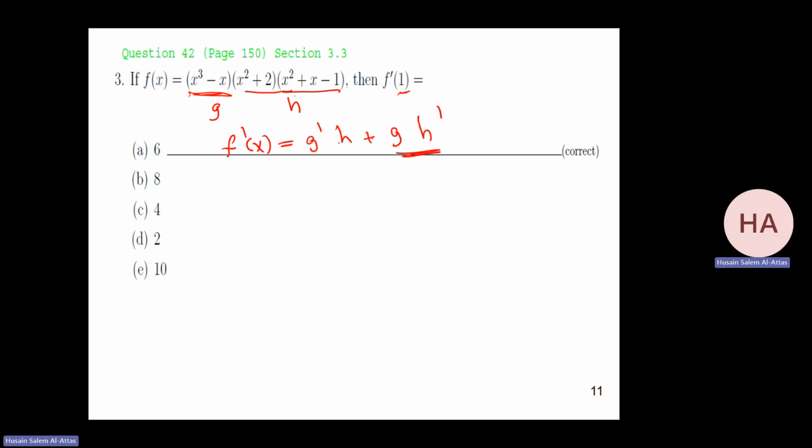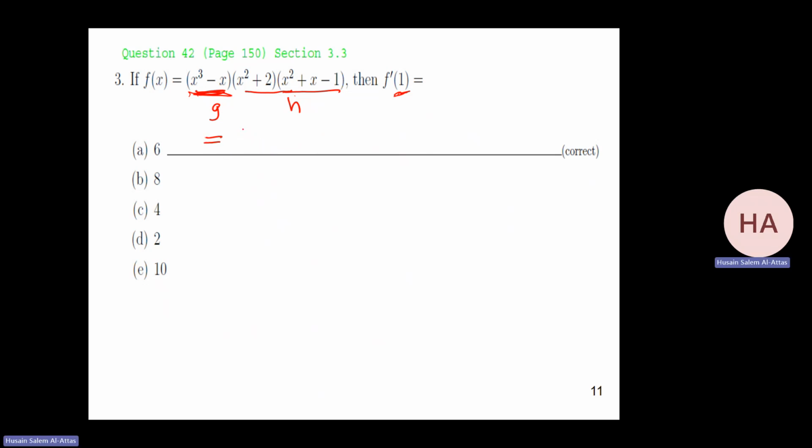I don't need this because substituting at 1 gives me 0. So all of this will be 0, regardless of what happens at h prime. Is it clear? So I will do it this way. That will make it easier for me.